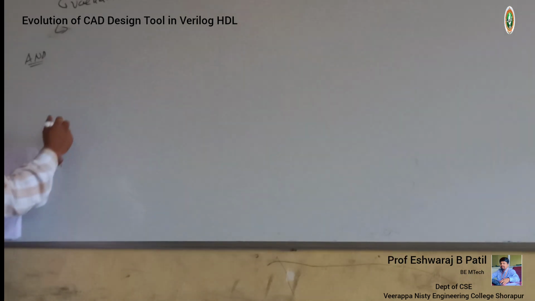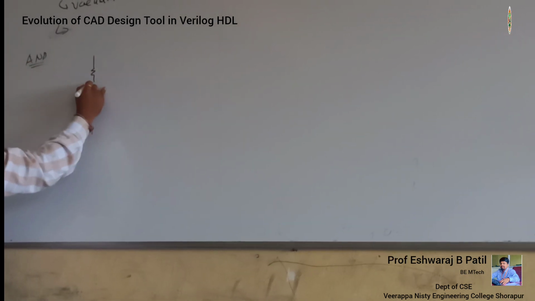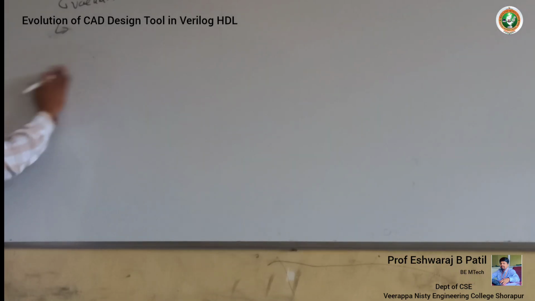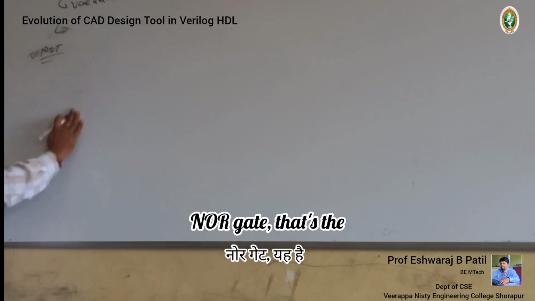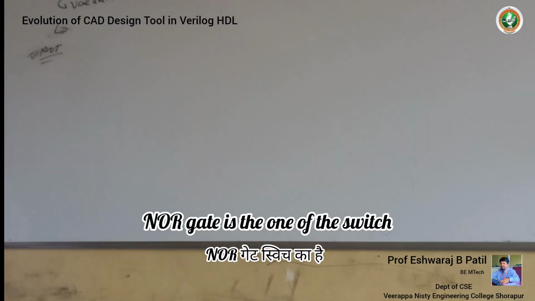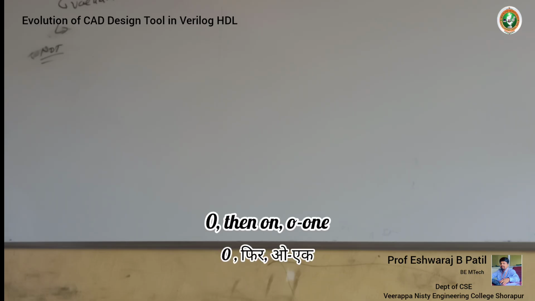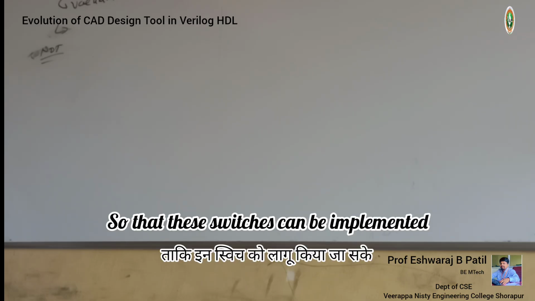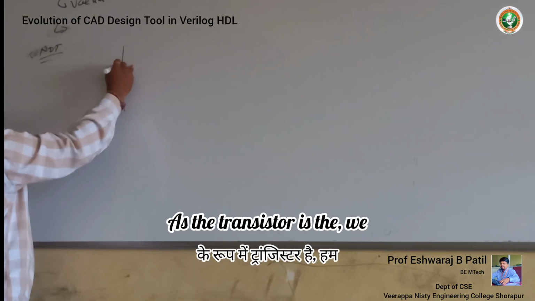For the AND gate we use transistors, but first we'll see the NOT gate. The NOT gate is one of the switches; it works as a switch: if the input is 0 the output is 1, and if the input is 1 the output is 0. So such switches can be implemented with the help of transistors.